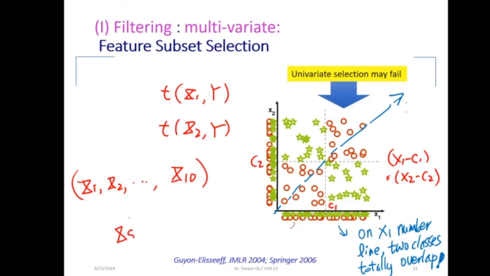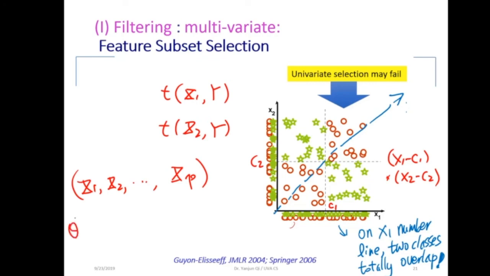So maybe let me write that the other way: X selected. It's hard to know even how many. So how do I represent a subset? I'm trying to select a subset from X1 to XP. What is a simple strategy to show who is selected and who is not selected? It's a binary flag, right? I want to have a binary flag on each.